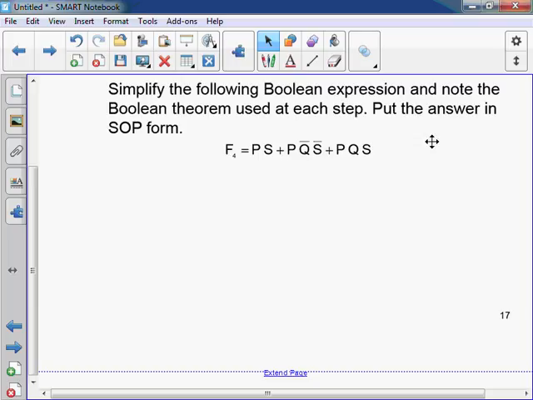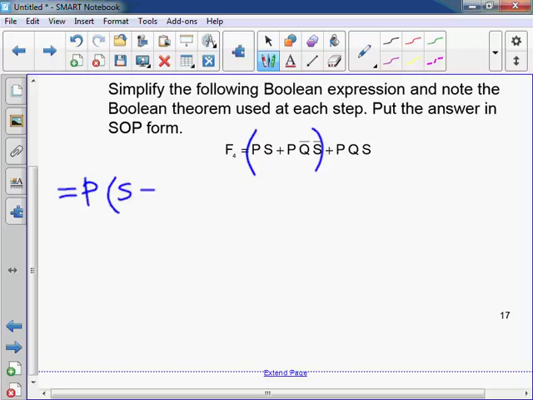So this is what I'm going to do. I'm going to group these 2. And you can see that they have p in common, both of those terms, so I can take it out. All right.